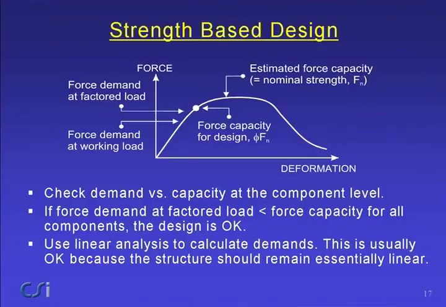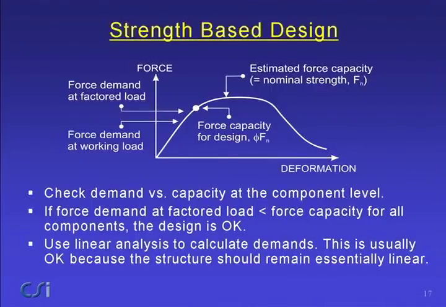Strength-based design first. Again, this is the force-deformation relationship for a typical component. There's going to be some estimated force capacity, typically the nominal strength. You may apply a phi factor to get some usable force capacity for design. That's on the capacity side.